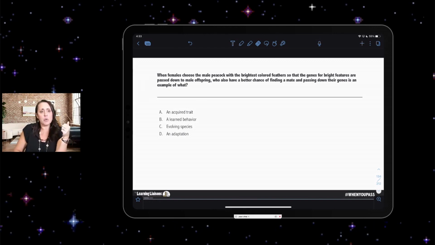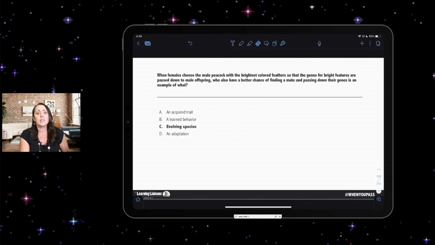So let's go ahead and put the answer up here and talk about why this one works. This is an example of how the species evolves or changes. It is not a trait that is acquired. The bird is going to be that color based upon the DNA. A learned behavior won't be learned because a learned behavior is something that it will see and then mimic.